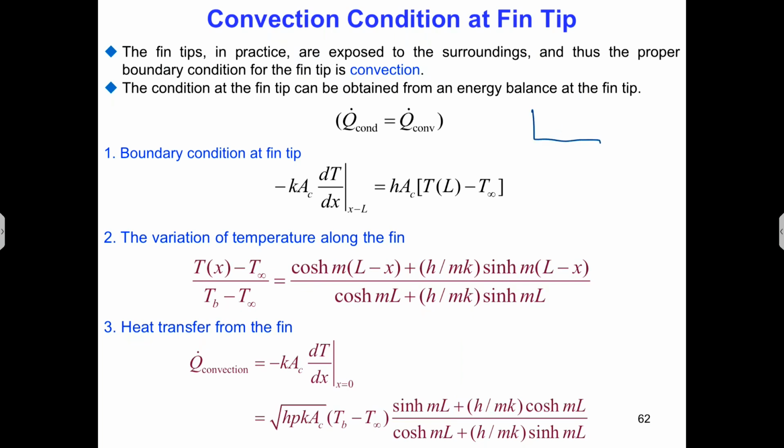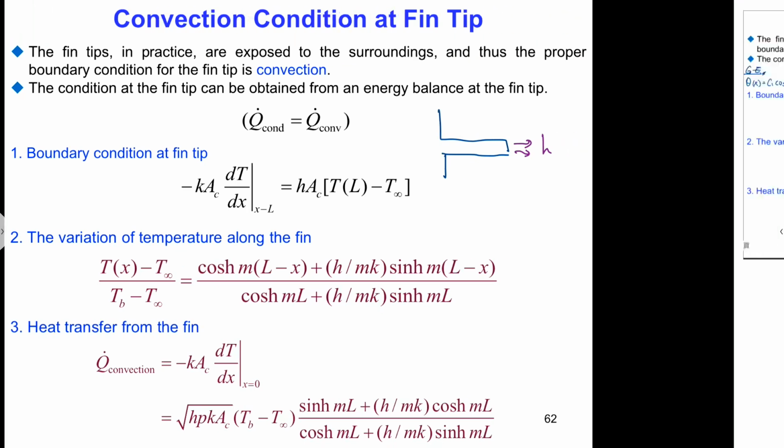You have a fin, then there's a convection edge here. Okay, so from case 2, we already know never start from the very beginning. So we start with the general equation we have here.